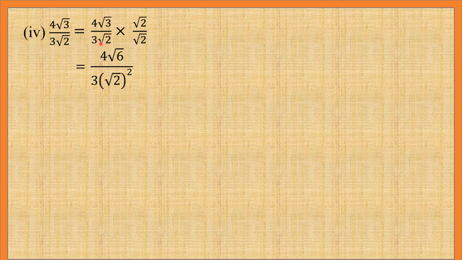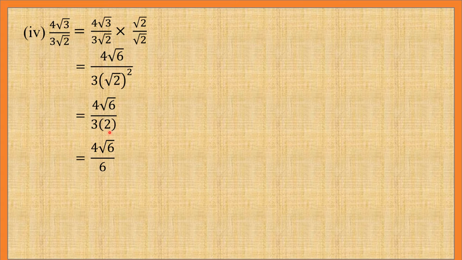Then in the denominator, 3 and root of 2 by root of 2 gives us root of 2 squared, multiplied by 3, so root 2 squared will cancel the square root. When that happens, we'll be left with 4 root of 6 over 3 multiplied by 2. Then 3 by 2 gives us 6. So this will be 4 root of 6 over 6.